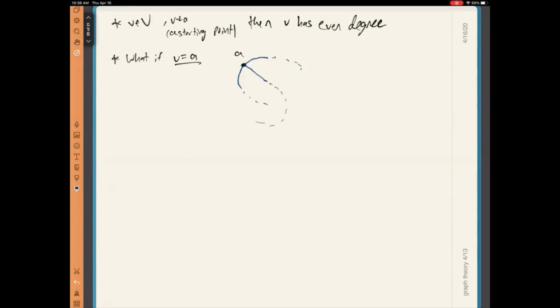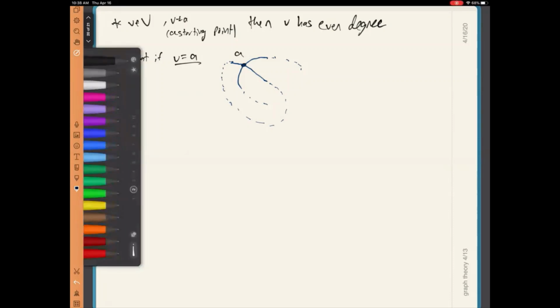So maybe the path goes along like this. But again, since it's a simple circuit, eventually it has to come back to a. And so if it eventually comes back to a, it has to end at a, and it's going to, again, contribute a count of another 2. And so this could happen several times, but eventually once you get to the terminal point of the path and it doesn't continue anymore, each time you've gone through a, you've added a count of 2, and so the degree of a also has to be even.